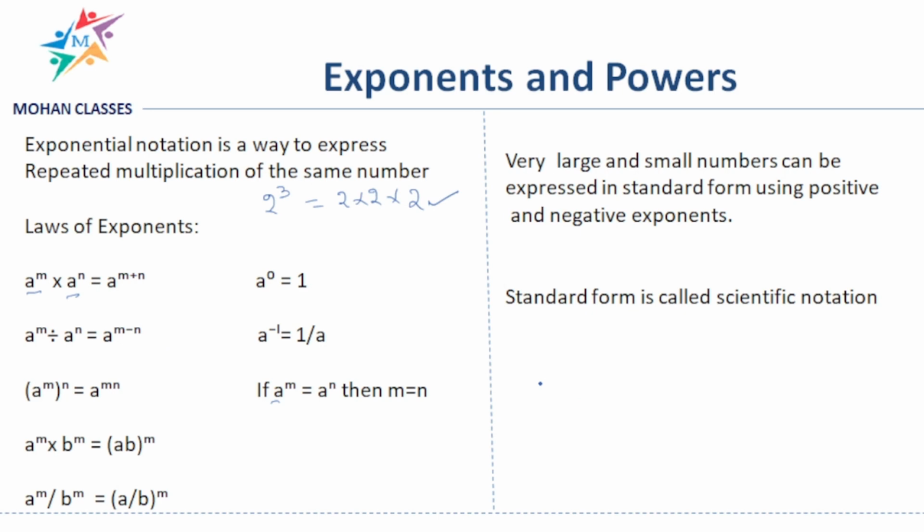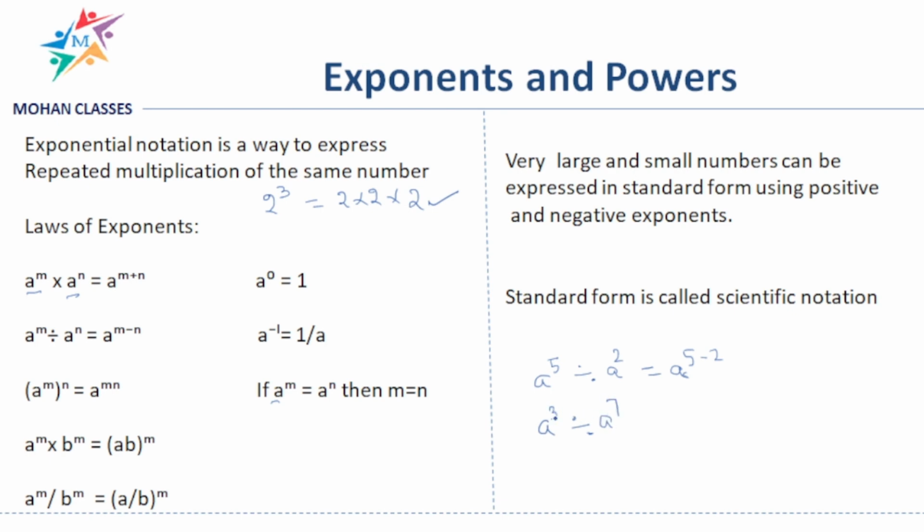Suppose it is like this: a to the power of 5 divided by a to the power of 2. Here m is greater than the denominator power n, so that means a to the power of 5 minus 2. Suppose we have a to the power of 3 divided by a to the power of 7.